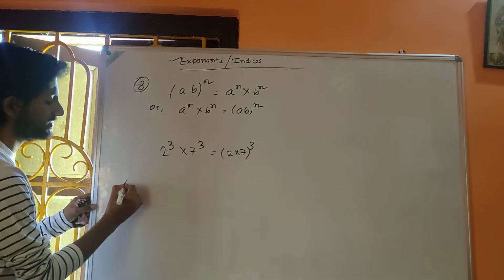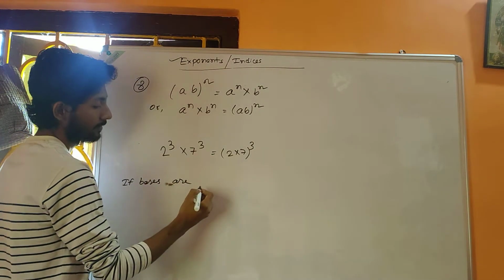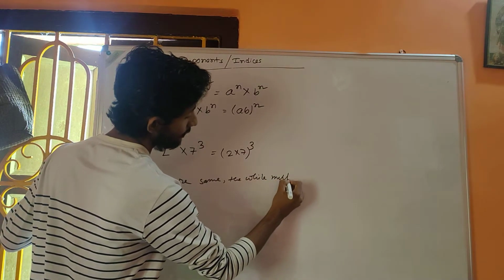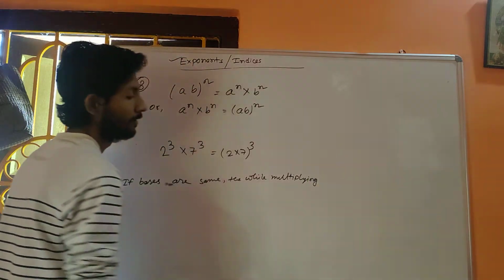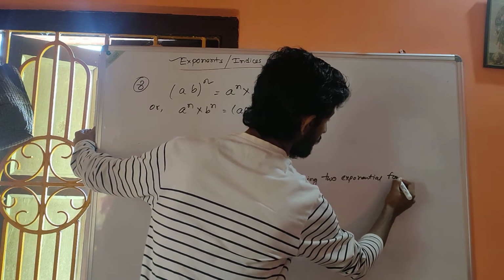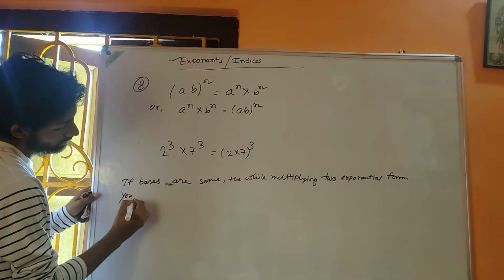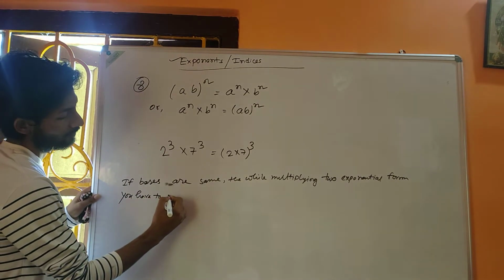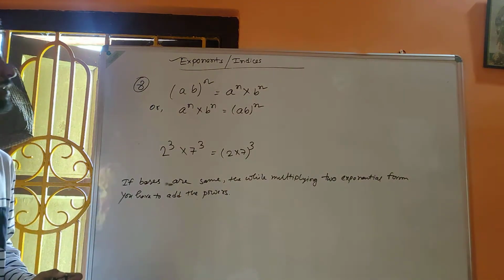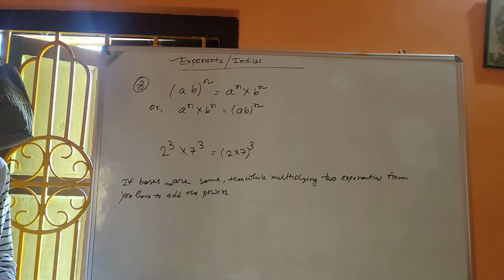So what I say is, if bases are same, then while multiplying exponential forms, you have to add the powers, correct?